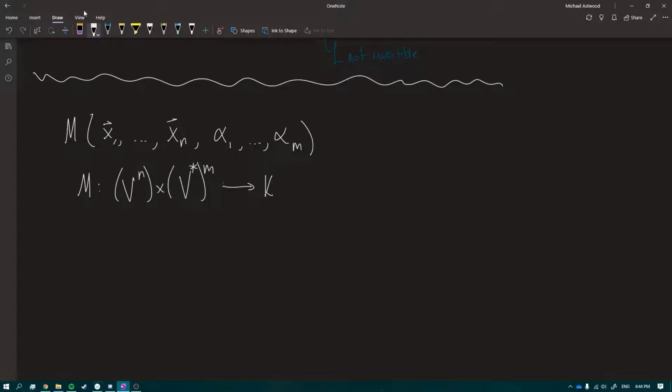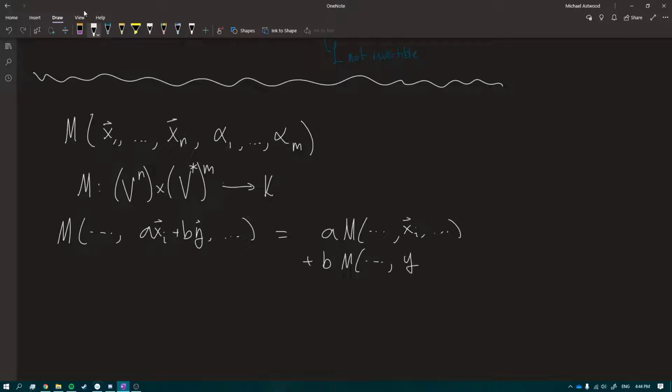So we want this map to be linear in all of its arguments. So M of ... a x plus b y needs to split. And this applies to the covector argument as well.